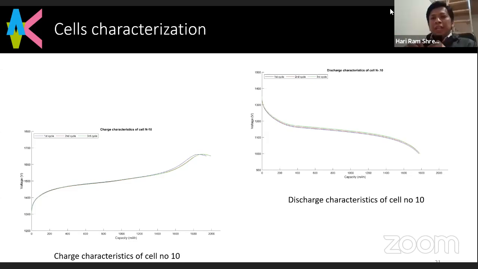Actually, we need the output to be 4.2. Sometimes the input voltage will be high and sometimes low, but the DC-DC converter always gives 4.2. This part was already designed by our professor because we did not design it. We just followed it and tested the result, whether it is working properly or not.